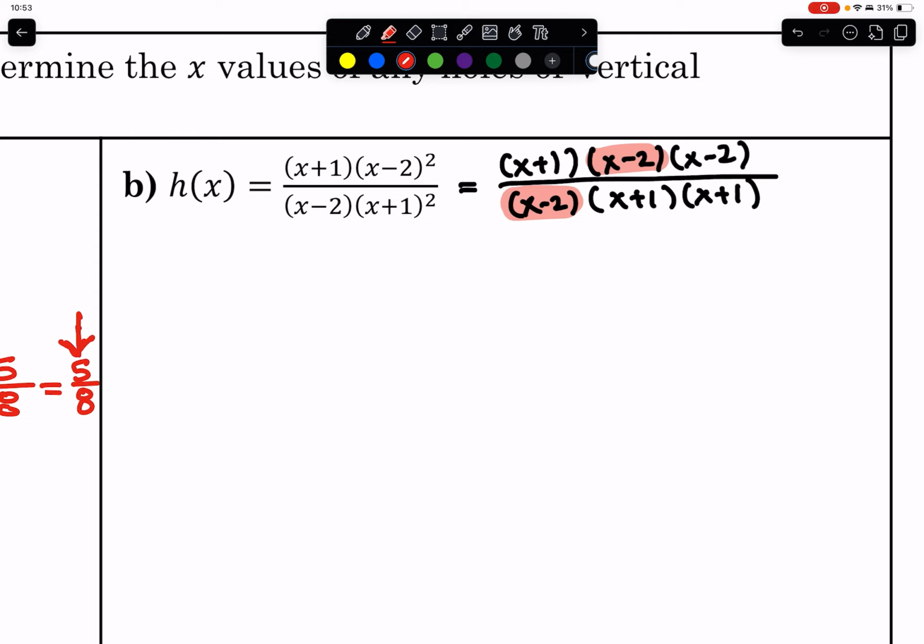So this is going to be a hole. So x minus 2 equal to 0 is going to be the location of the hole. So solving this equation by moving the 2 to the other side means that x equals positive 2. So that's going to be the location of the hole.